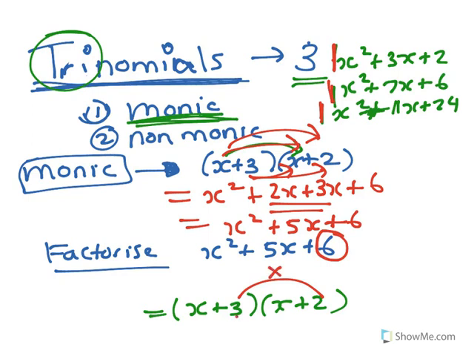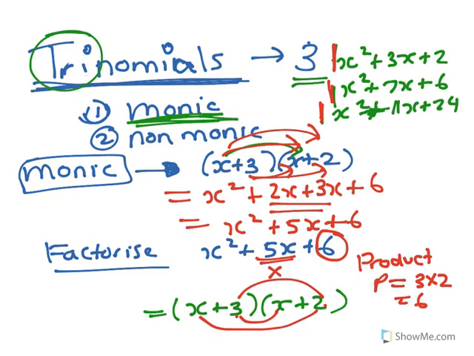That 6 came by doing 3 times 2. So it was actually the product of the two numbers, 3 times 2, which is 6. This one in the middle, the 5x, that came by doing 3x plus 2x, which is 5x. So that's actually the sum of the two numbers, which is 5.